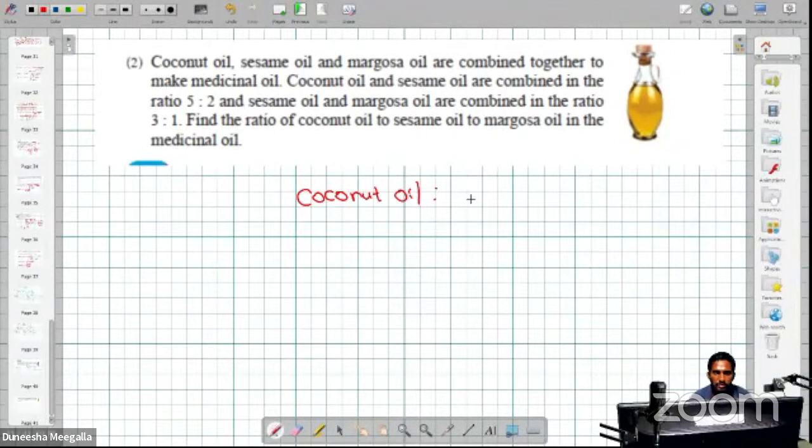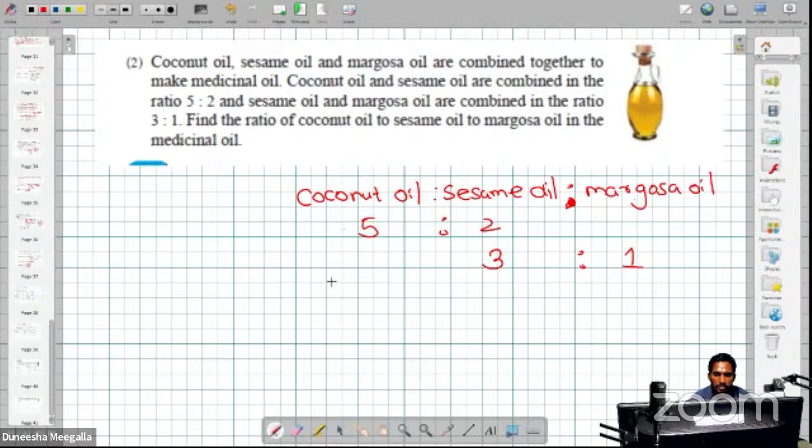Coconut oil to sesame oil. Margosa. Coconut oil to sesame oil 5 to 2. Coconut oil, sesame oil are combined into the 5 to 2. Sesame oil to margosa oil ratio 3 to 1.